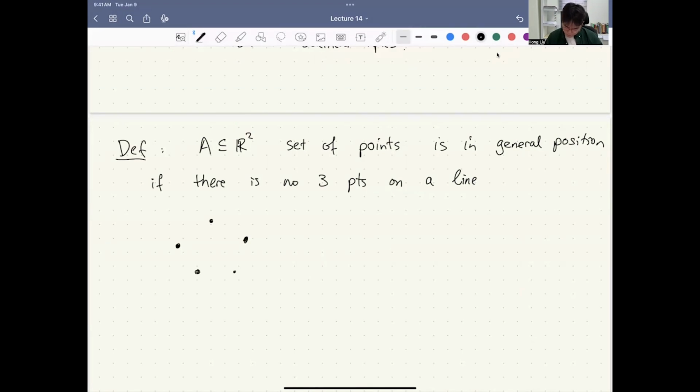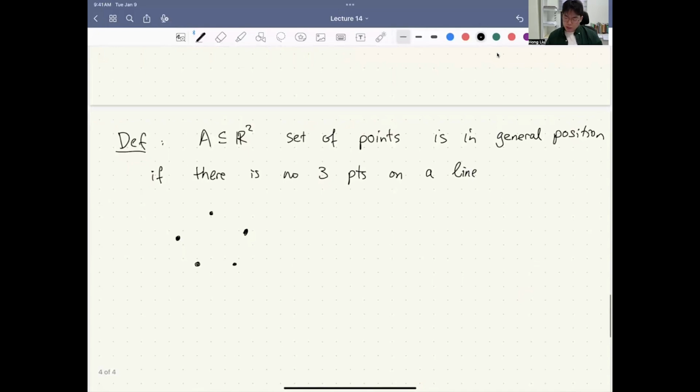An easy way of getting general position in the plane is to place the points on a convex curve. So you have n points, no 3 on a line. This is general position. This is good. And what about this? If you draw the grid, this is bad. You have, for example, 3 points on a line.